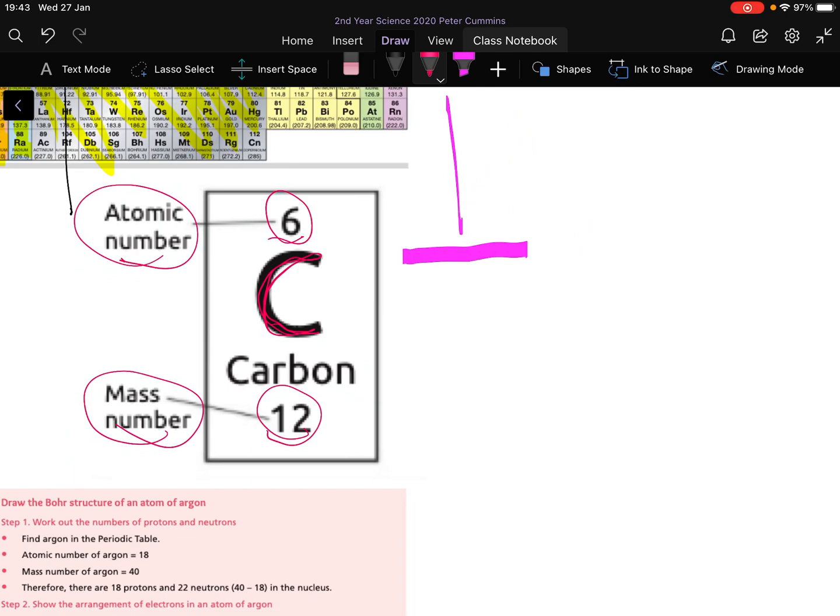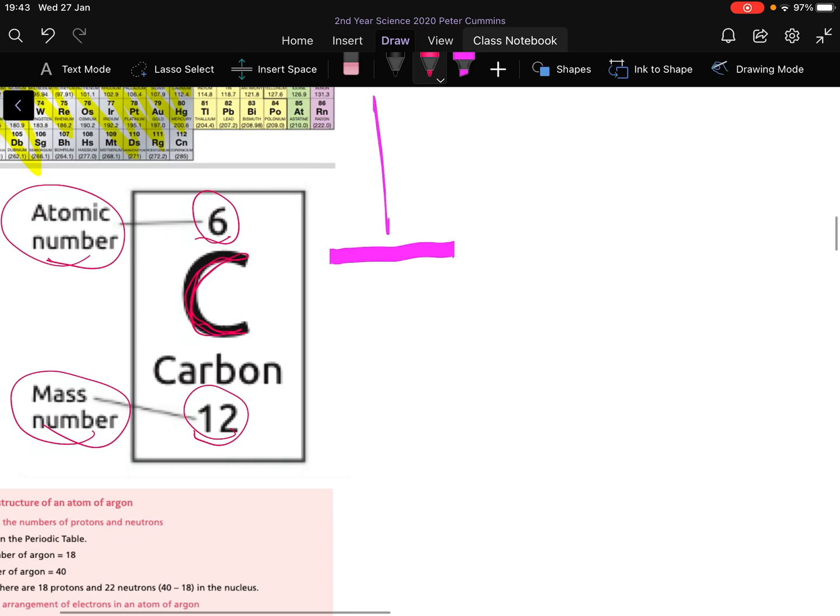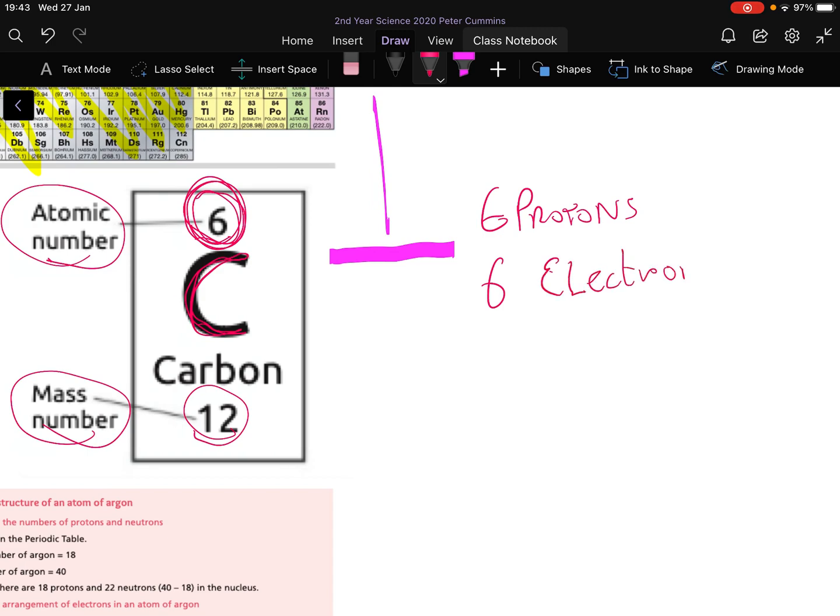Okay, so what that means, remember you have 3 subatomic particles, 3 things that make up an atom. If you have a 6, what that means is that carbon has 6 protons and carbon has 6 electrons. Okay, and then we want to figure out how many the third subatomic particle is. So neutrons is our third one.